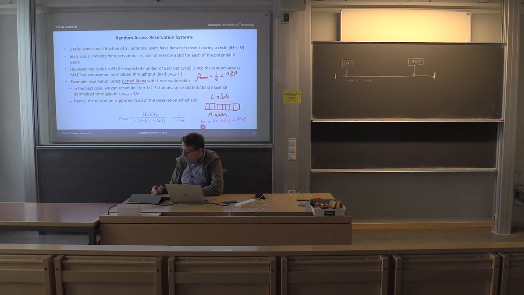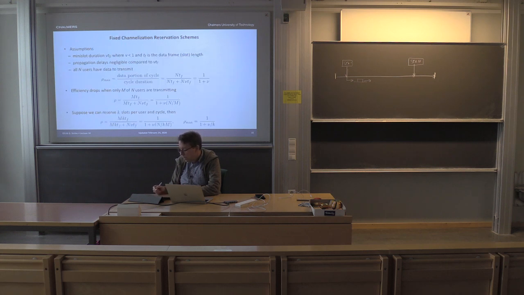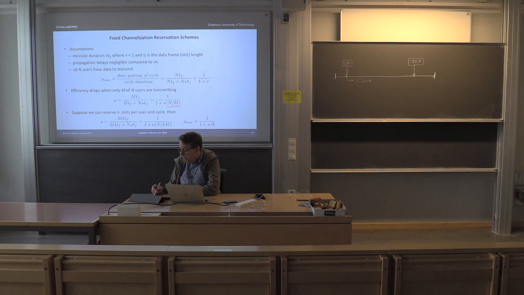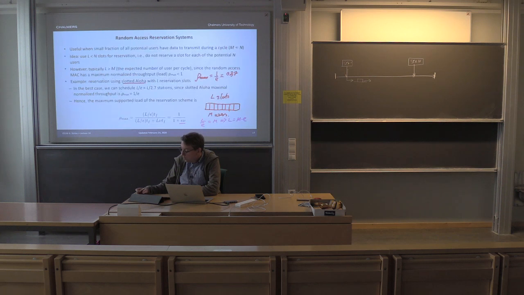Okay, but M is L over E, so we just replace M with L over E, and then we get this as our efficiency. Which should then be compared, which is good when E times nu is less than E. So we should compare this with the E here, E times nu, and here we have N divided by M. Of course there are other random access schemes we could use.